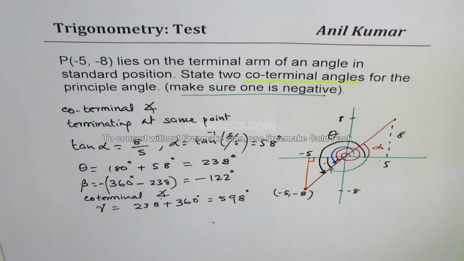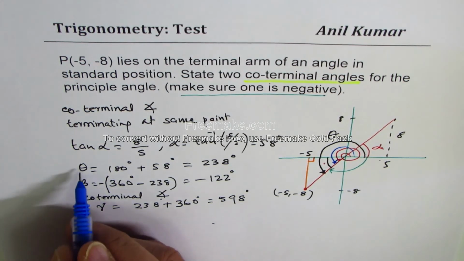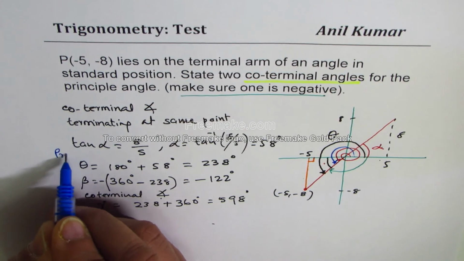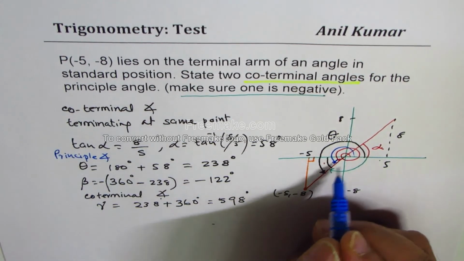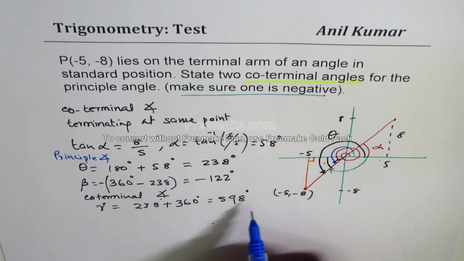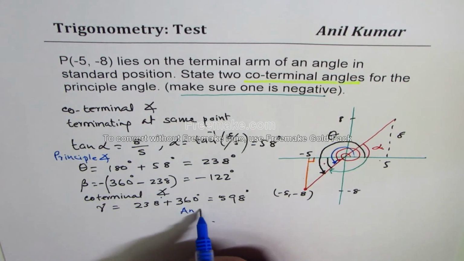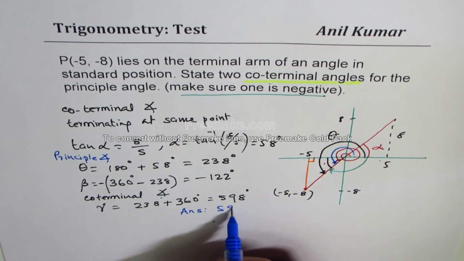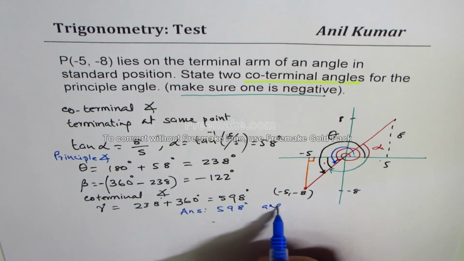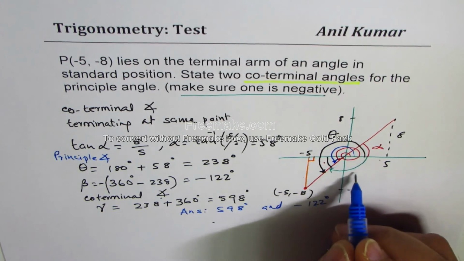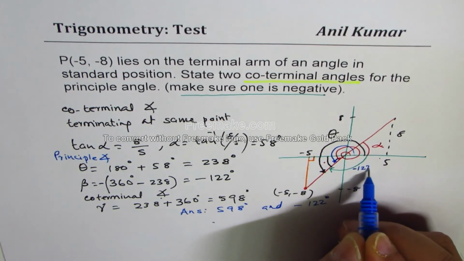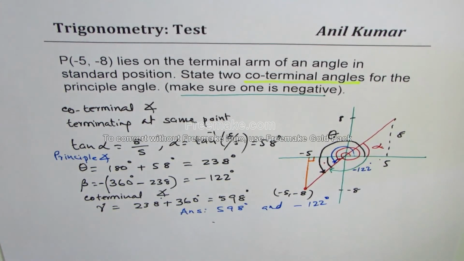This one, theta, is the principal angle, which is theta for us. And the other two coterminal angles which we have given are 598 degrees and minus 122 degrees. Do you see that? This is minus 122 degrees. That is how you could always solve this question.